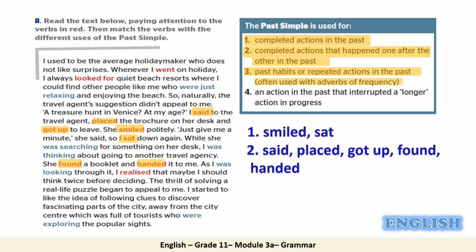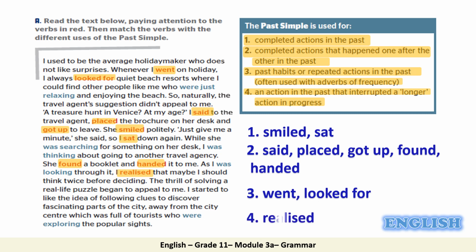Here, number three is matched with the verbs used, or the verbs went and looked for. Very good. Went, looked for. The last one, an action in the past that interrupted a longer action in progress, is matched with the last one, the verb realized. Yes, thank you.